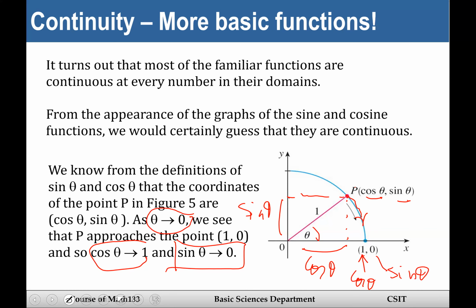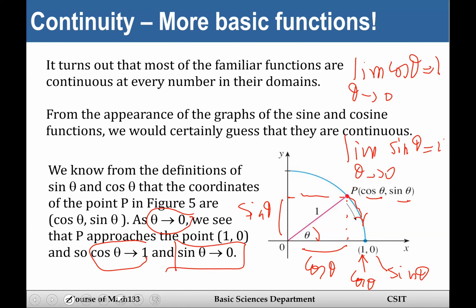So we say that the limit of cosine theta when theta approaches 0 is equal to 1, and the limit of sine theta when theta approaches 0 is equal to 0. And so on, you do for the tan and the other trigonometric functions.